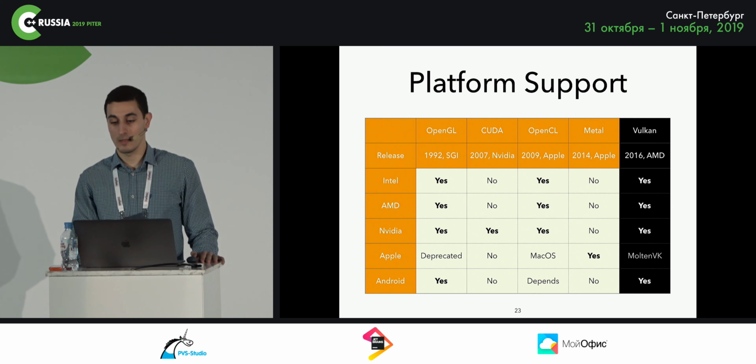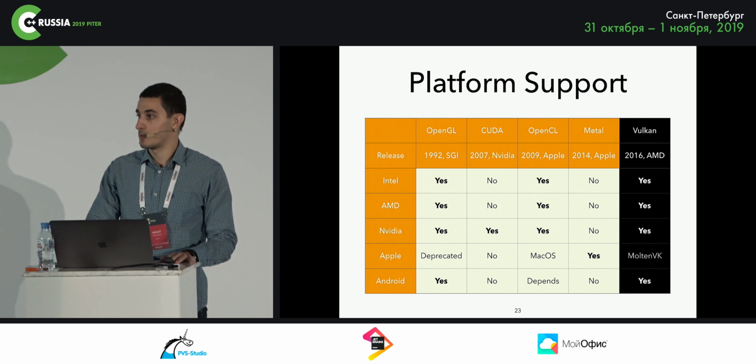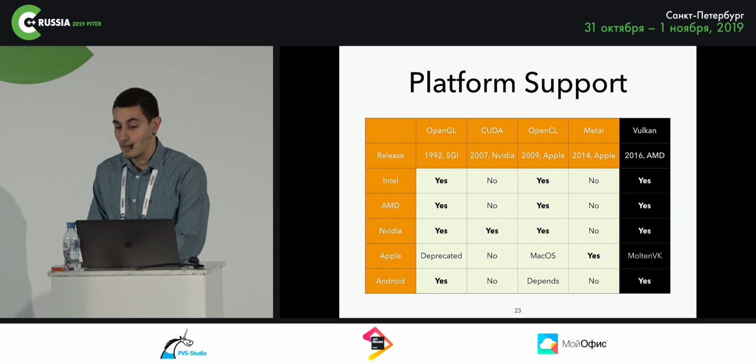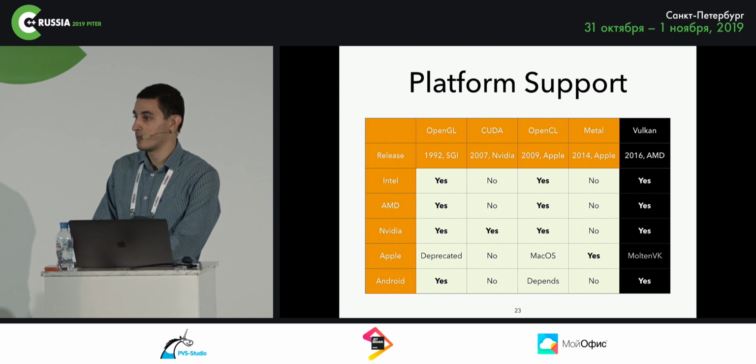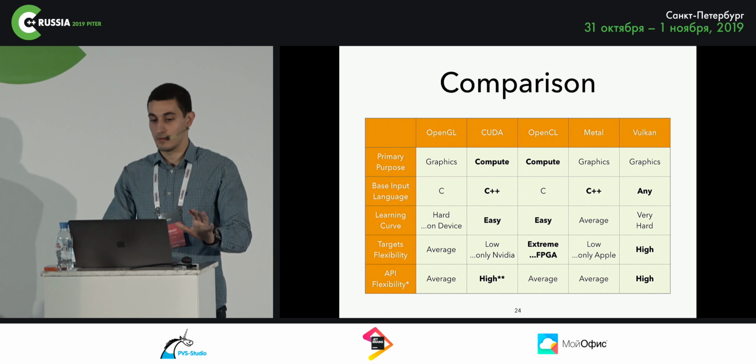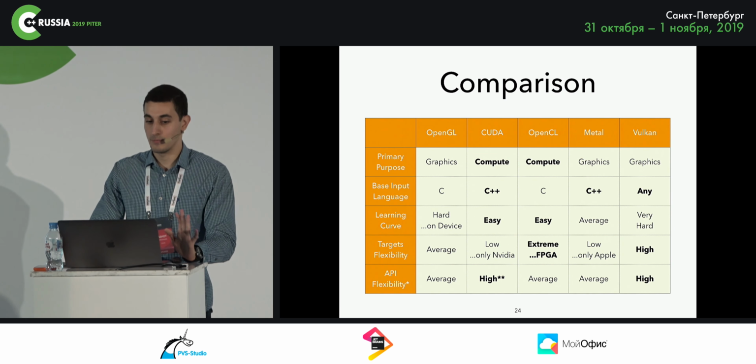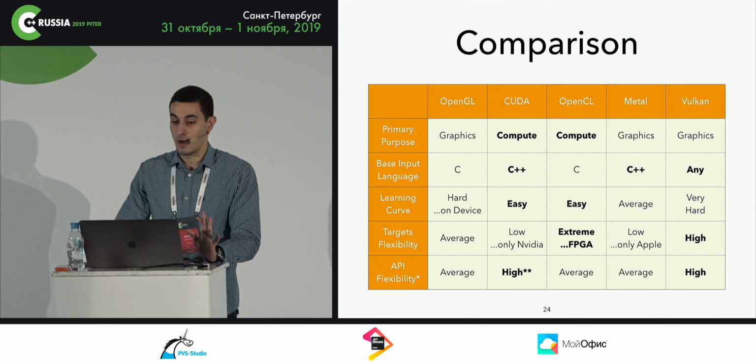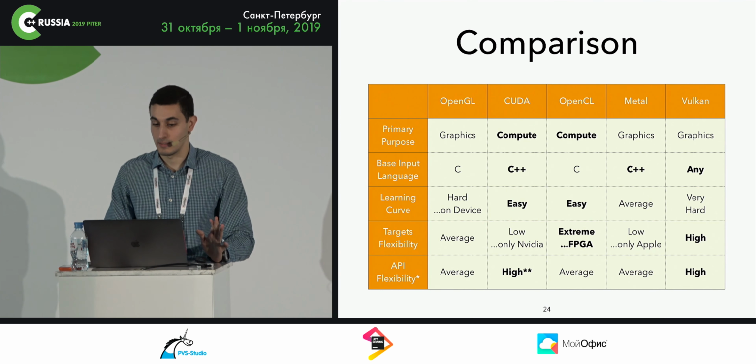So probably the last but not the least, the most powerful standard of all is Vulkan. It was proposed by AMD. It's supported everywhere. It's primarily a graphics-oriented API. But as it's so flexible, you can use it for almost anything, including compute. All of those APIs are very different. They have different base languages. Two of them are based on C++.